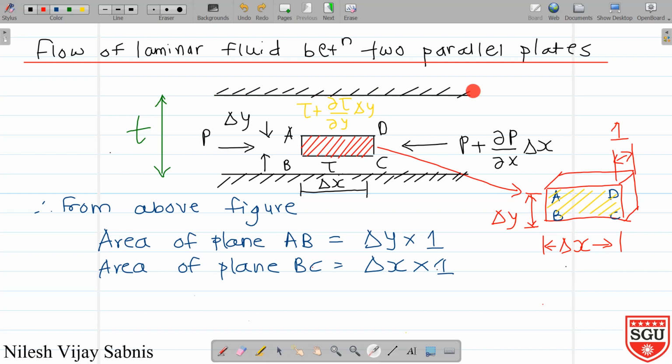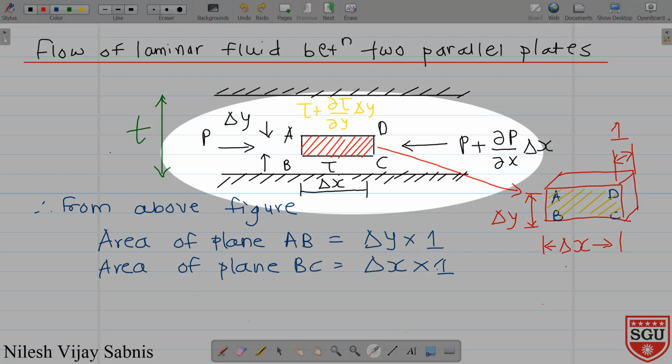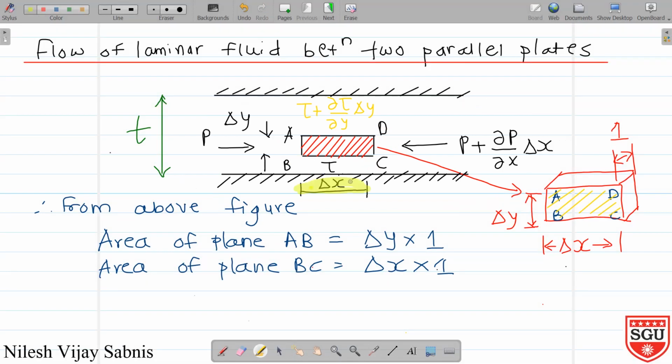Consider two parallel plates which are placed at a distance of t. A viscous fluid is flowing between these two parallel plates from left to right. Consider a fluid element ABCD which has length delta x, the thickness delta y.